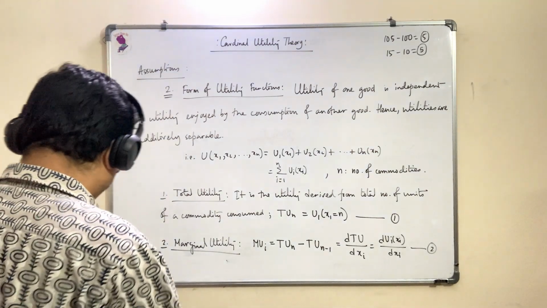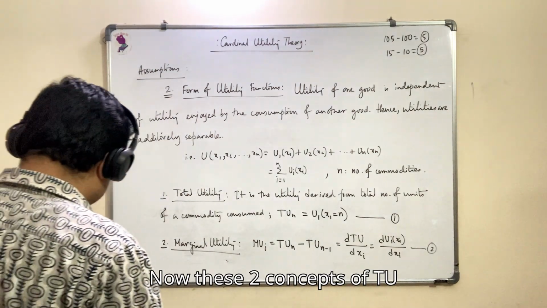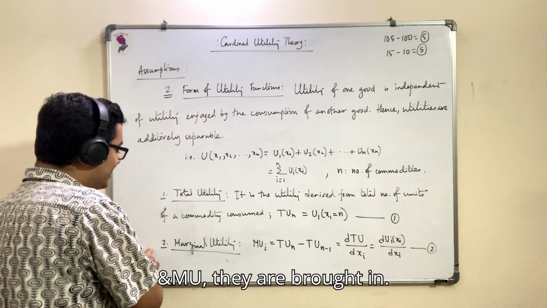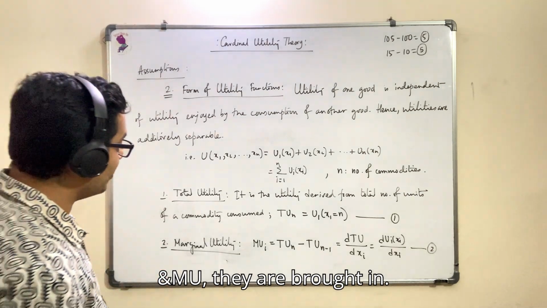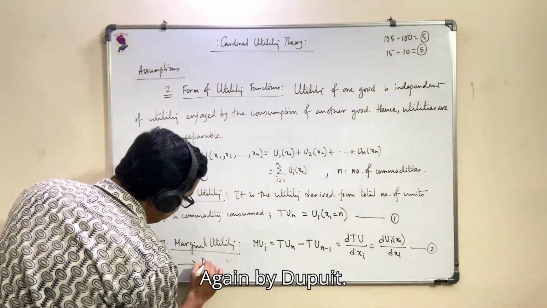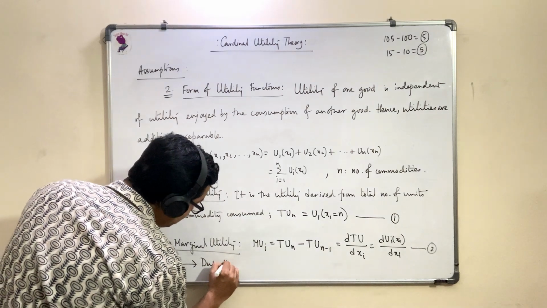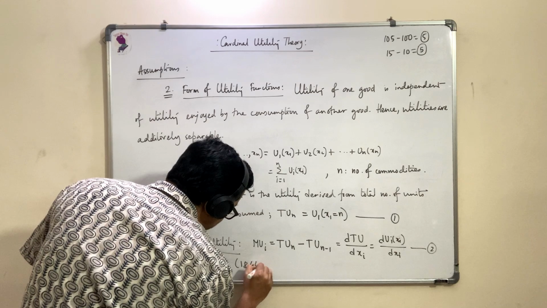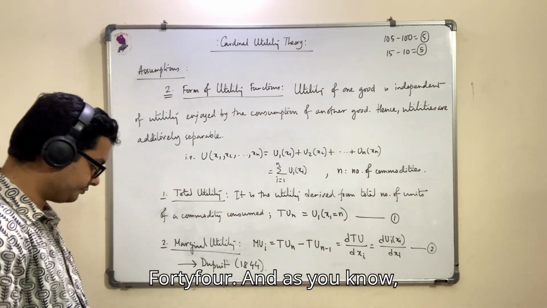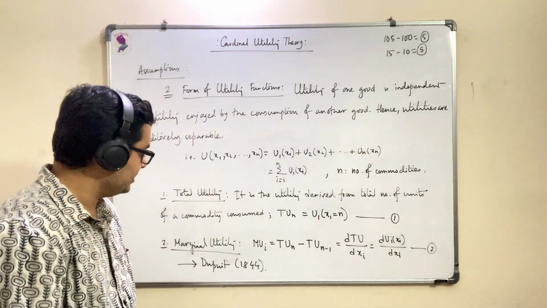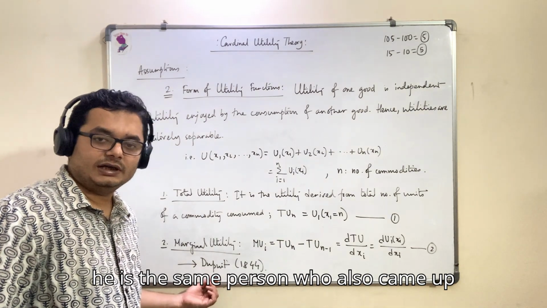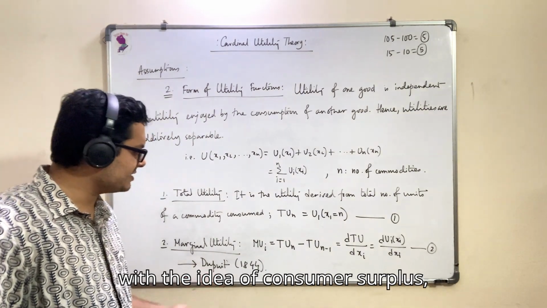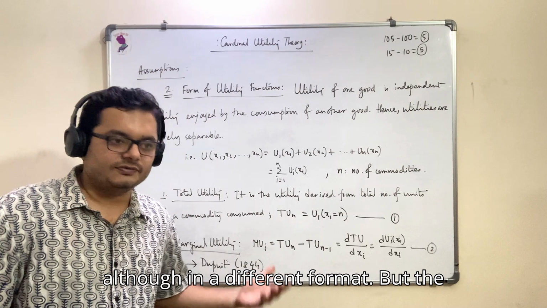Okay. So we know that this is basically the incremental utility of consuming one additional unit, right? Now these two concepts of TU and MU were brought in by Dupuit in 1844, and as we know, he is the same person who also came up with the idea of consumer surplus, although in a different format.